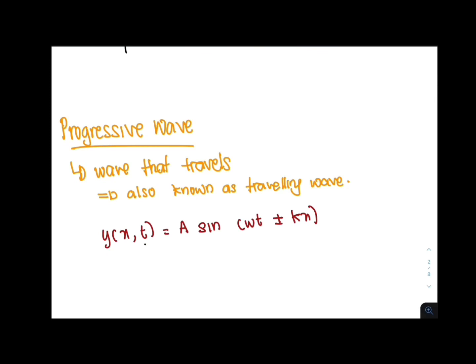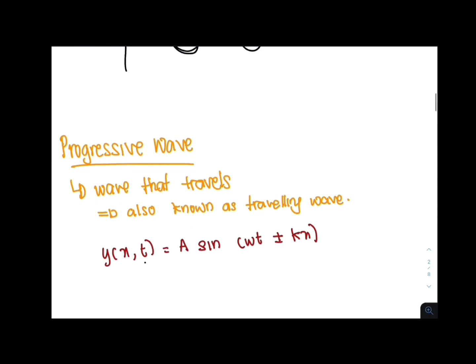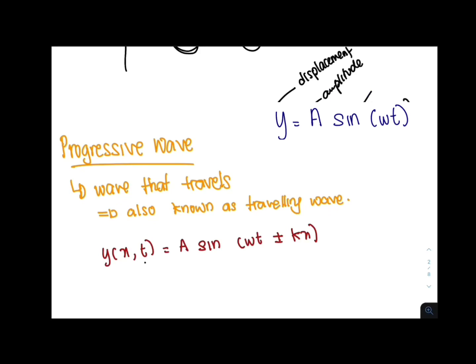Okay, before we look deeper into this equation, kita roll balik the equation from simple harmonic motion di mana y is equals to A sin omega t in our simple harmonic motion, where y adalah kita punya displacement, and then the A here is the amplitude, maximum displacement kamu, omega is the angular frequency, and t is the time taken, ataupun kita nak tahu what is the position of your particles at that particular time.